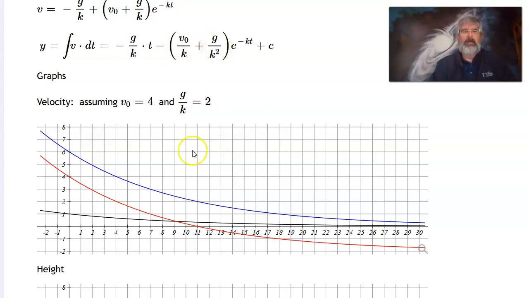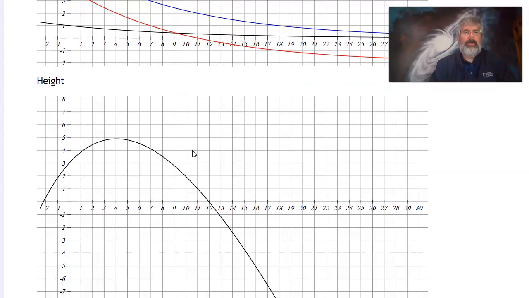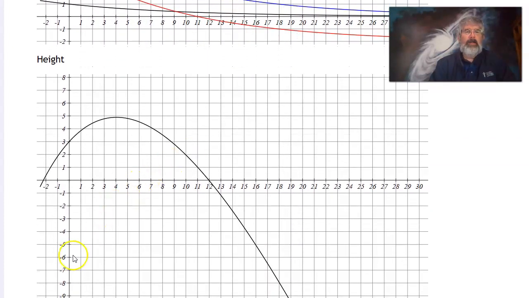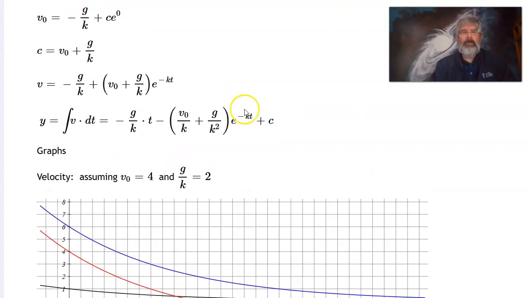They're added together, and the net result looks like this. Notice, to start with, this is coming uphill, and if there was no linear piece, it would just have a horizontal asymptote up here somewhere.